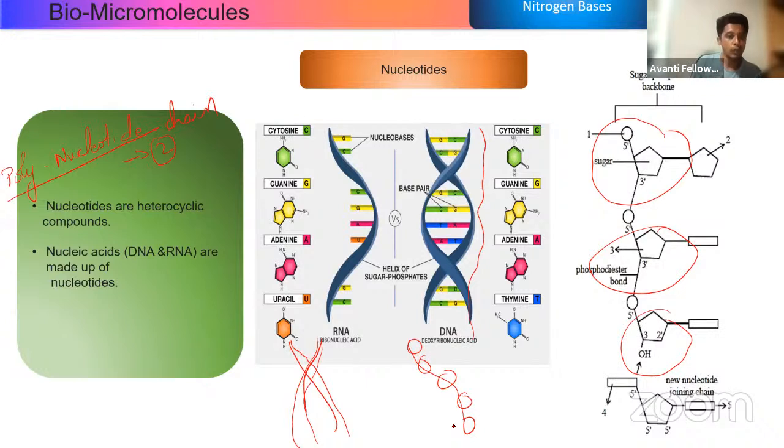Two polynucleotide chains combine together to form a DNA molecule. Whereas RNA molecules are generally single stranded, DNA is double stranded. We will continue discussing the structure of DNA when we talk about macromolecules. For now, when we talk about micromolecules, all we have to remember is nucleotides and their characteristics.